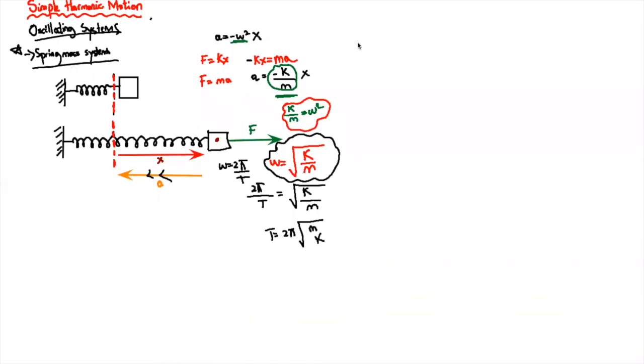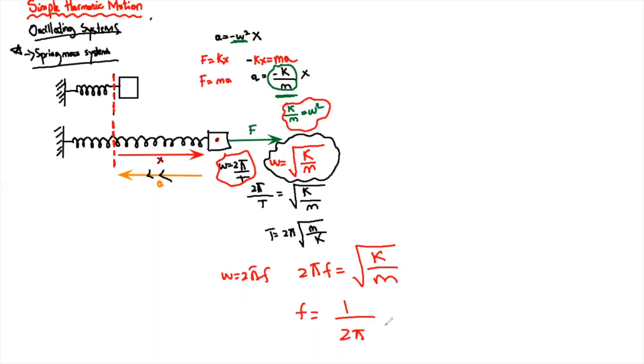Now you know that omega is not just 2 pi over T, omega is also 2 pi f. So omega is 2 pi f, and I can say that 2 pi f is equal to under root K over M. So my frequency is going to be f is equal to 1 over 2 pi under root K over M, and that's my frequency.